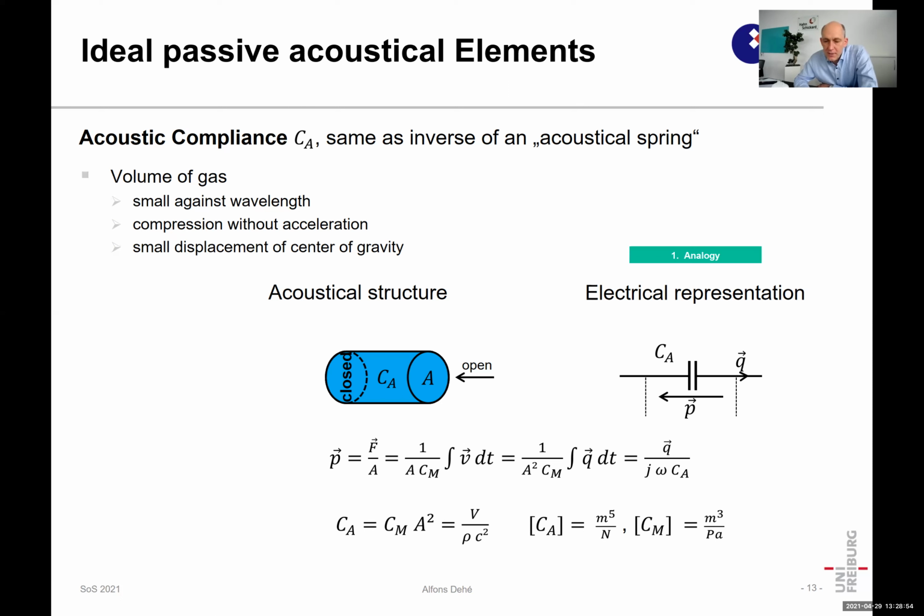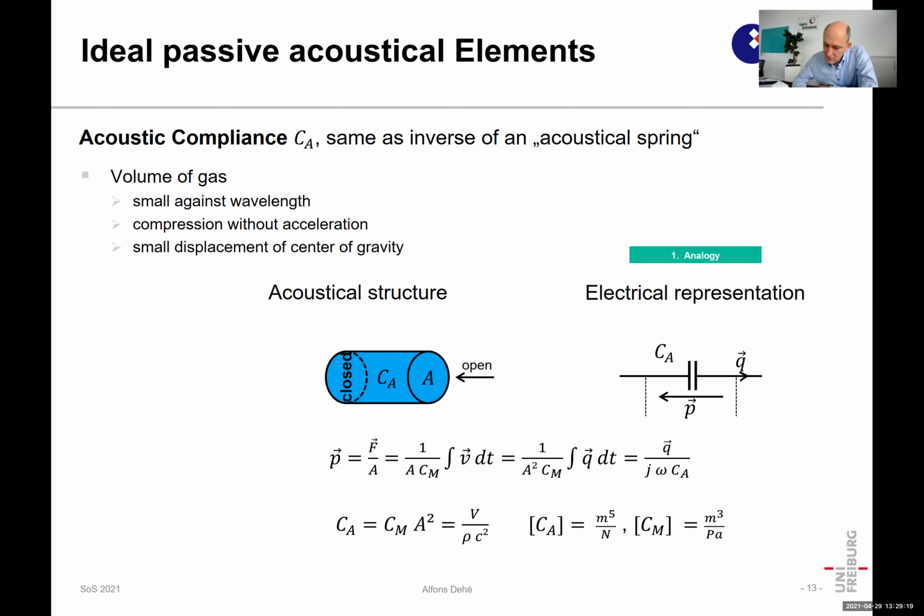No wonder, it's the volume divided by density and speed of sound squared. Yes, meters cubed per Pascal typically is the dimension that we have here, or meters to the fifth per Newton. So this is an acoustical compliance, quite important in most acoustical situations, and we will see some examples for this.